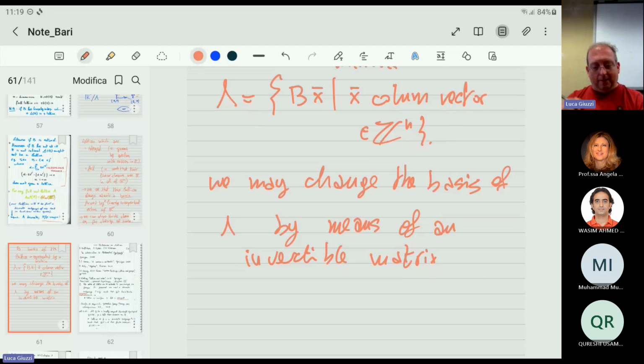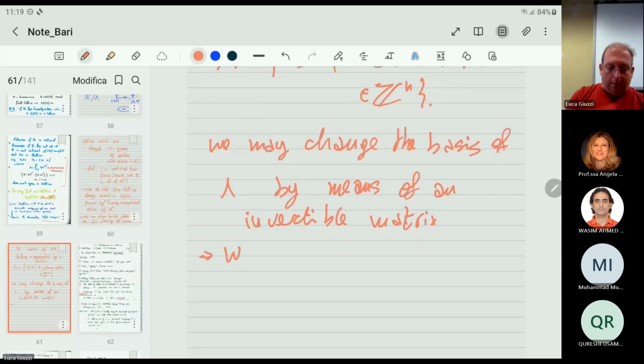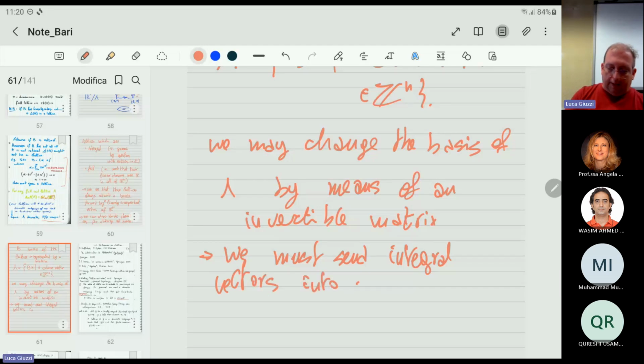So we must send integral vectors into integral vectors.